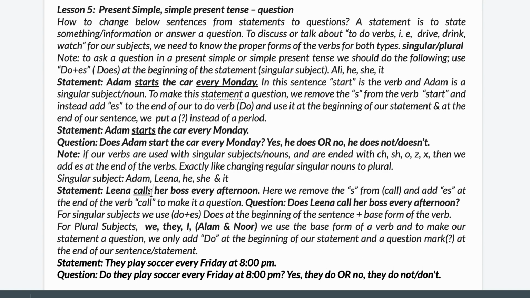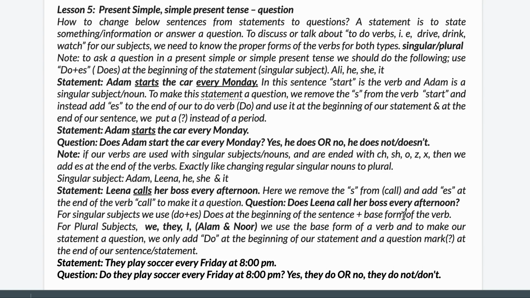So when we make this statement a question, we need to remove the s, and we have to put es with do and make it does, and put it at the beginning of our sentence, and then at the very end of our sentence we put a question mark. For singular subjects, we use do plus es, making it does at the beginning of the sentence, plus the base form of the verb. Base form means first form of the verb.